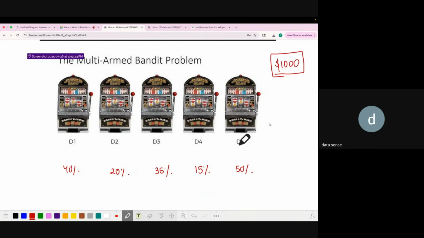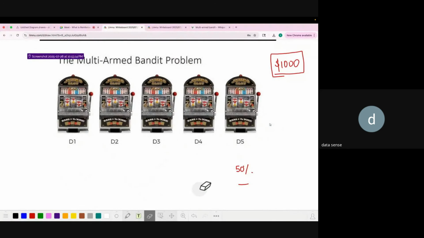But the problem of the scenario is that you do not know these numbers in advance, right? If you knew, you would automatically go to that machine. The problem is you don't know whether you're going to win or not. From the front end, all machines look equal to you, correct?